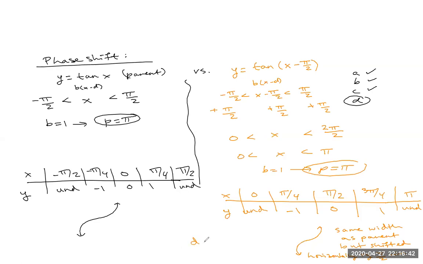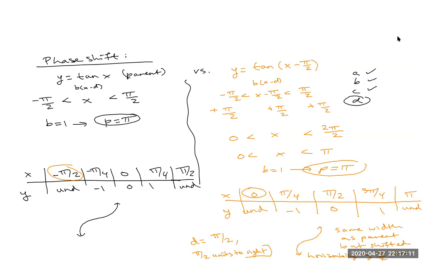We have d over here as pi over 2. That means our graph shifts pi over 2 units to the right. So the vertical asymptote that was at negative pi over 2 has now shifted over to 0.